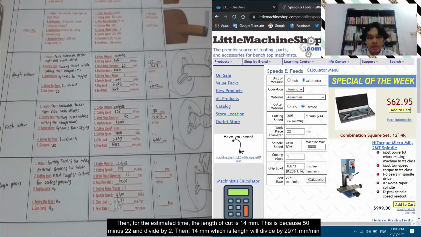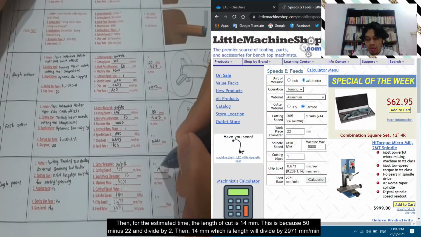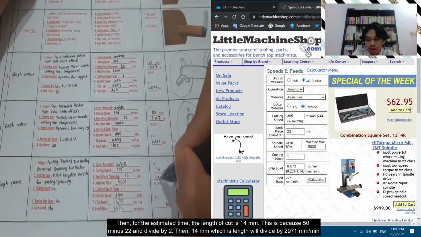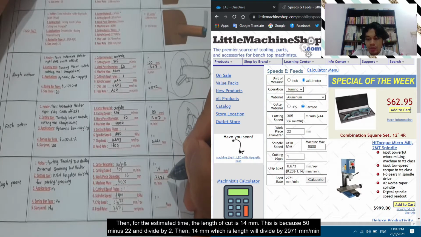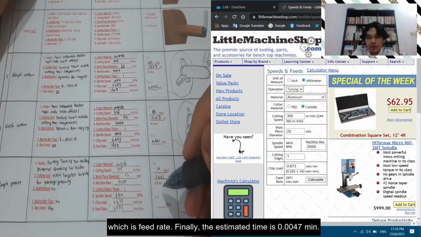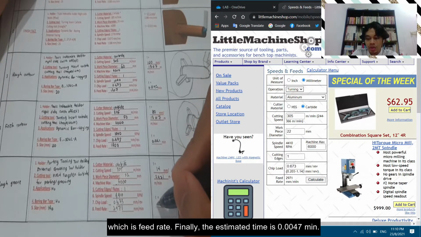This is because 50 minus 22, and divide by 2, and then 14 mm, which is the length, will be divided by 2971 mm per minute, which is the feed rate. And finally, the estimated time is 0.0047.